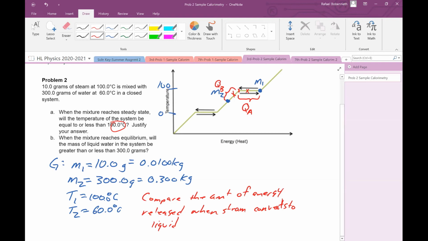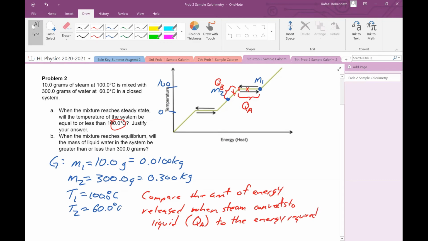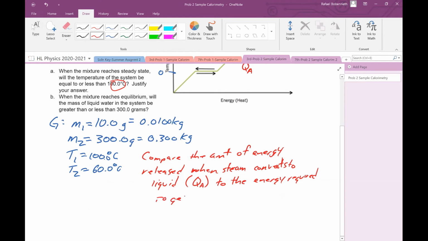So compare the amount of energy released when steam converts to liquid, which I'm going to call QA, to the energy required to get liquid to 100 degrees Celsius, and that's QB.